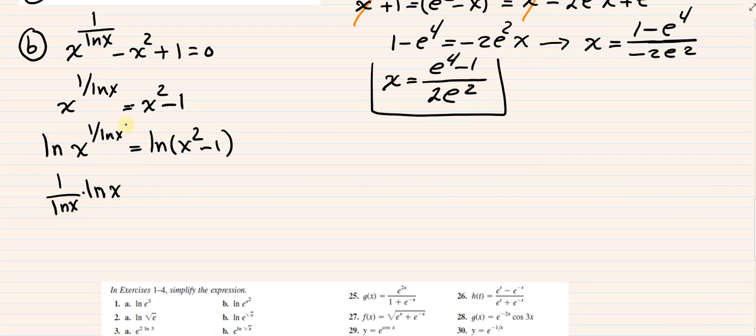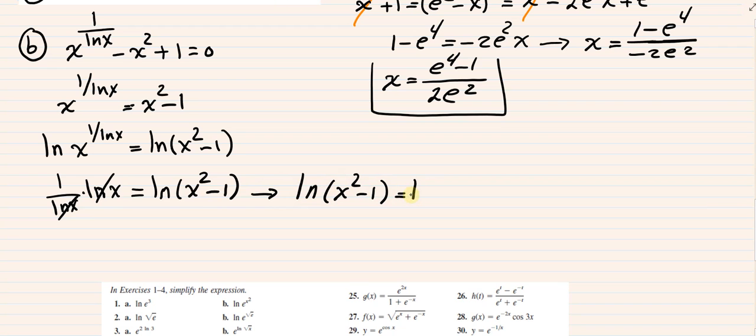And on the right side it's just ln of x squared minus 1. The ln of x on the left crosses out, and that would just make it ln of x squared minus 1 equals 1. And using, again, the definition of the natural exponential function, this becomes x squared minus 1 is equal to e to the first power, which is just e, right?